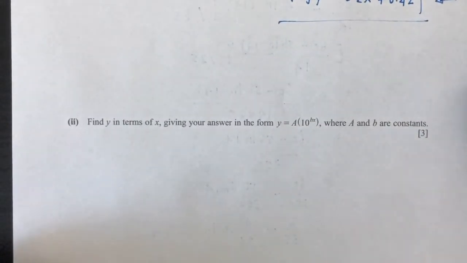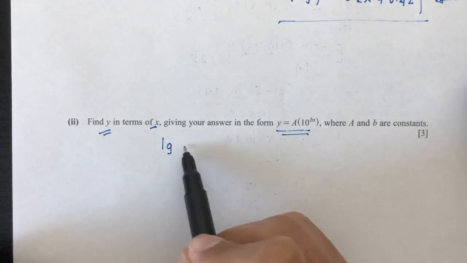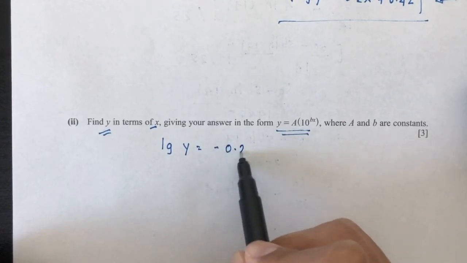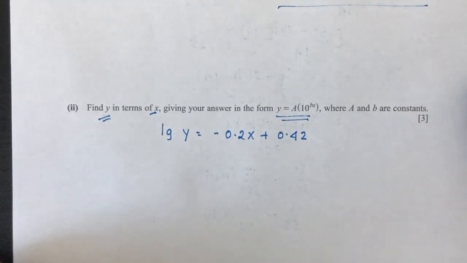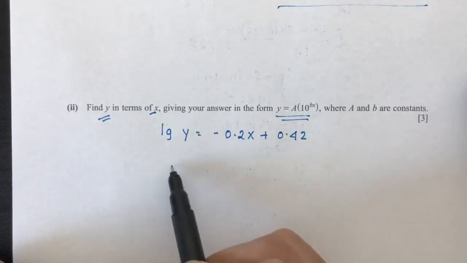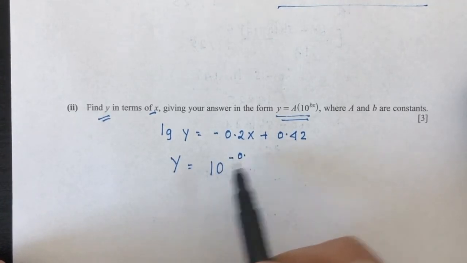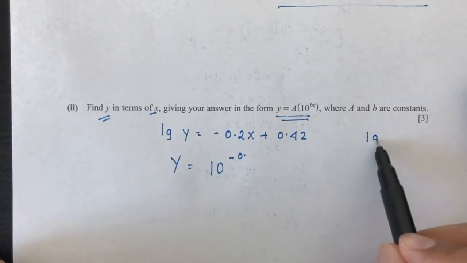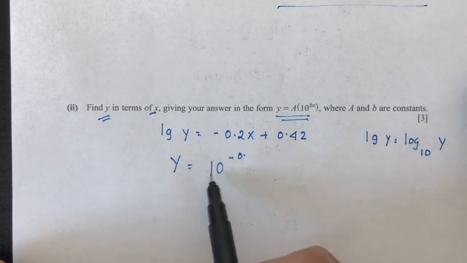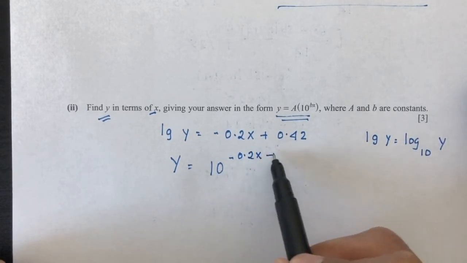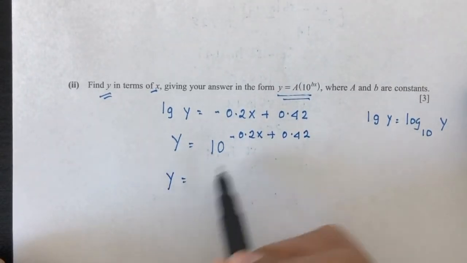So now part 2, find y in terms of x, giving your answer in this form. So we have log y equals minus 0.2x plus 0.42. So how can you make y in terms of x? So you can send log to the other side. When you say log y, it is log to the base of 10 of y. So you can send 10 to the other side, it will be 10 to the power of minus 0.2x plus 0.42. So if you simplify, this is just indices.